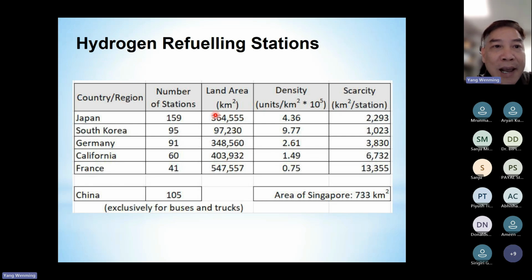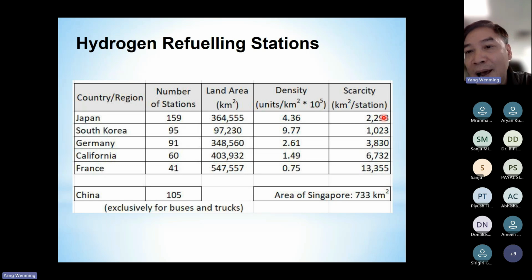Now I compile the hydrogen refueling stations in different countries. The first one is Japan. There are 159 charging stations, and the land area in Japan is about 364,000 square kilometers, so the density is about 4.26 units per 10^5 square kilometers.